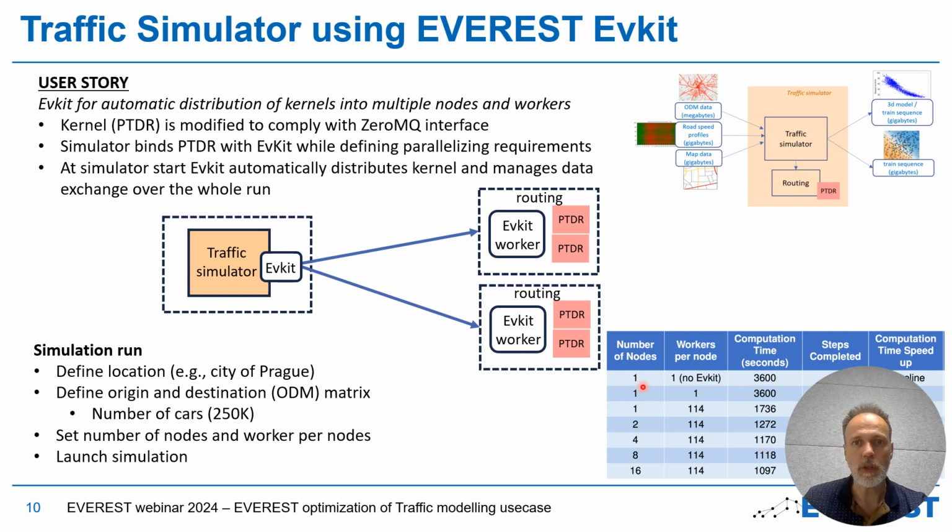And as we are increasing the number of nodes using the fkit and increasing the number of nodes and workers per node, we are reducing the computation time up to more than around 1,000 seconds, which ultimately brings us the speed up over 3x.